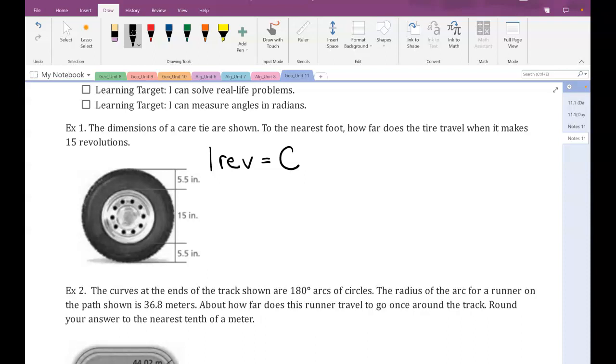We're asking here in this problem, how far do we travel if we make 15 revolutions? That means 15 revolutions would be equal to our circumference 15 times, kind of spread out.